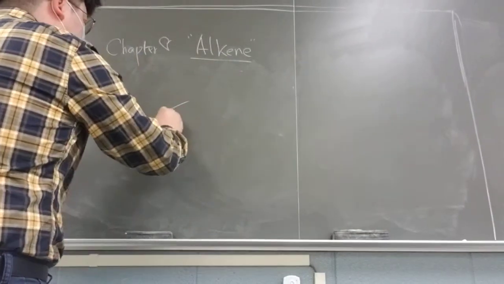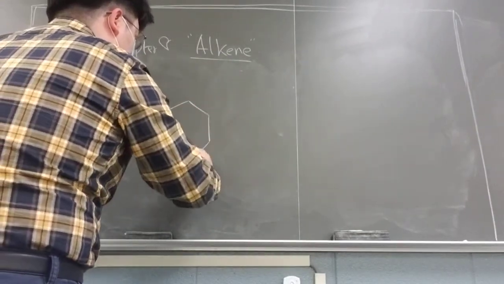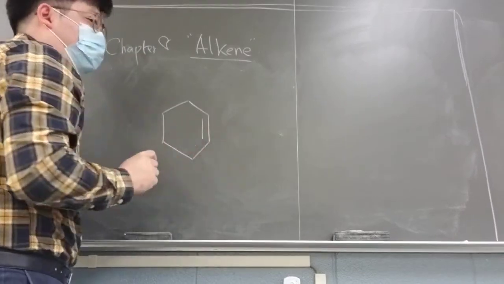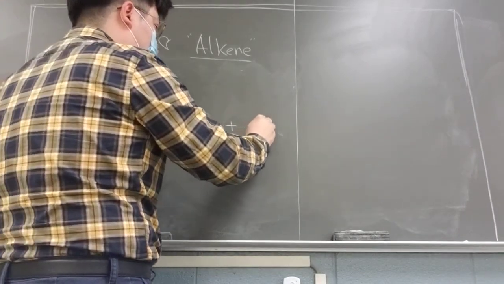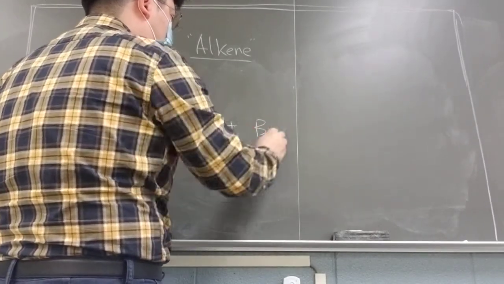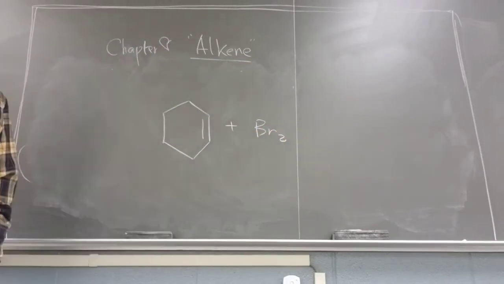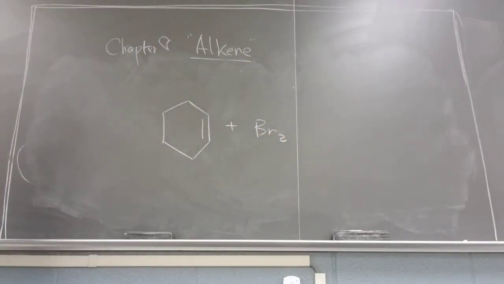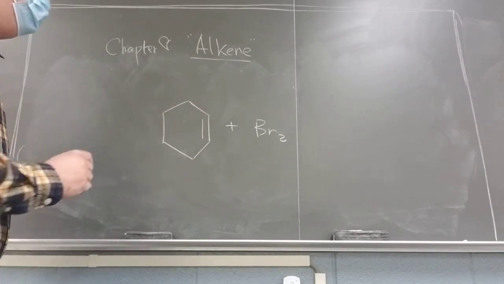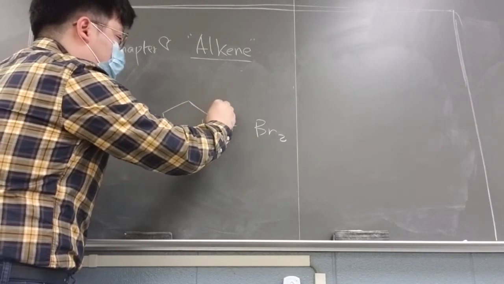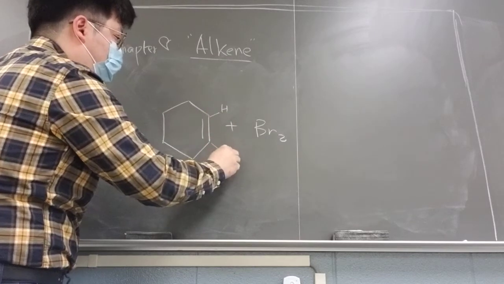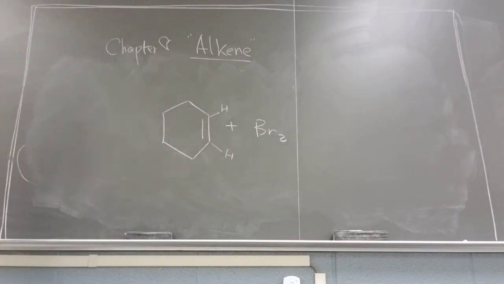So if I give you this one, okay, this one with maybe this one, can you guys do this one real quick? The one tip I can give you is this one. Think about there's also implied hydrogen on this side.